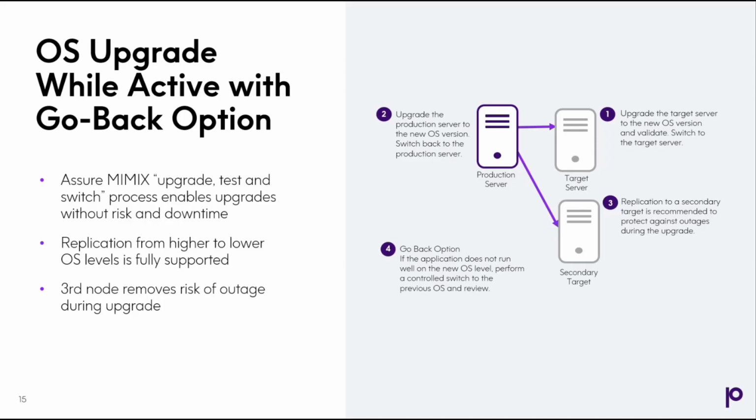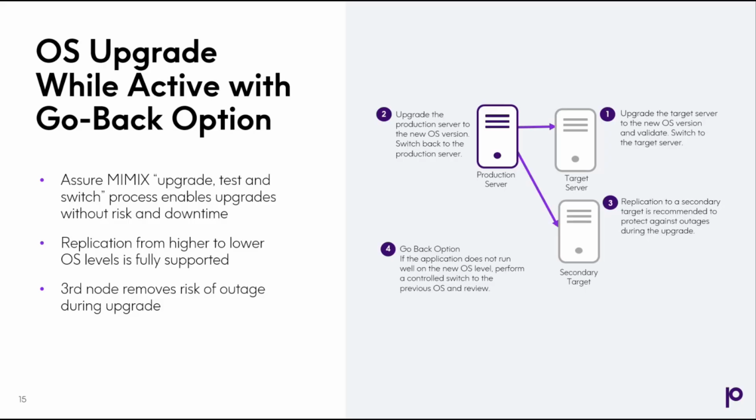Now, I do mention here the secondary target. Anytime you have an additional node, you have advantages there, right? In this case, for example, while you're upgrading this target server, that secondary target acts as an alternate failover option. You can also say, well, I always have to have two. I have to have two 7.5s and one 7.6.